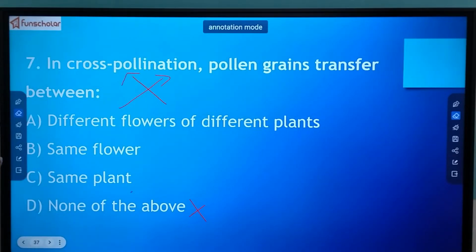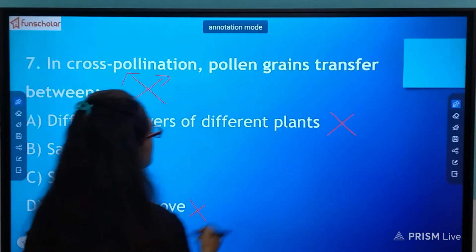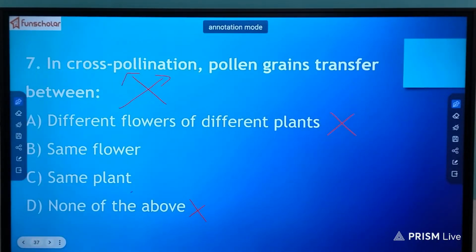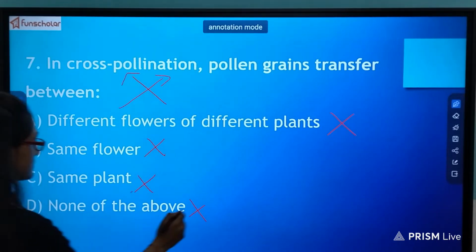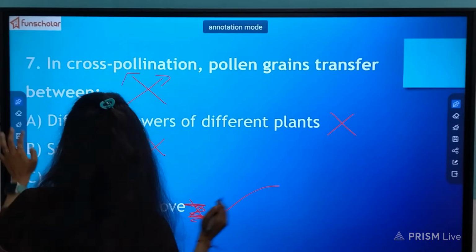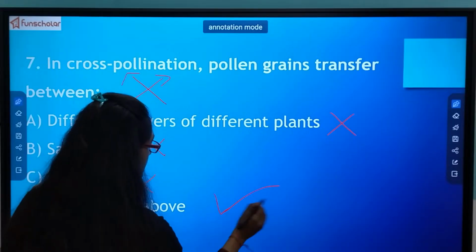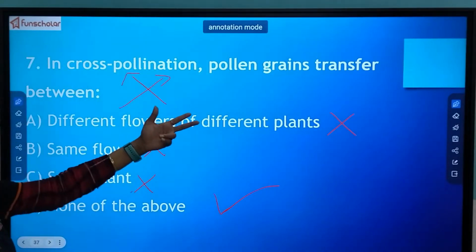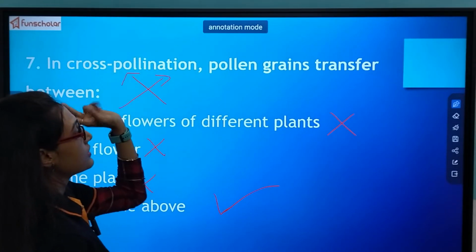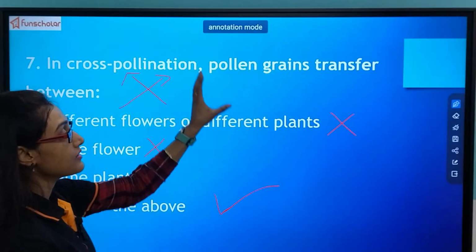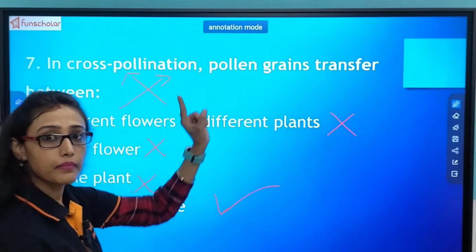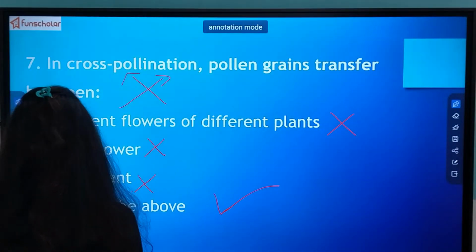No, this won't be the answer. The answer is none of this. What will be the answer then? Same or different flower of the same kind. Understood? Okay.